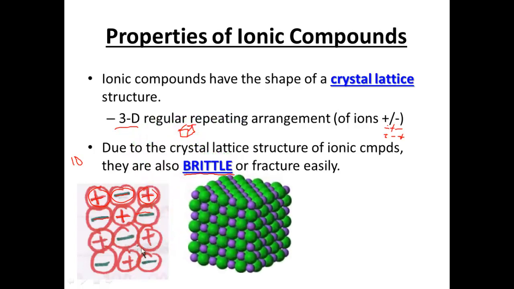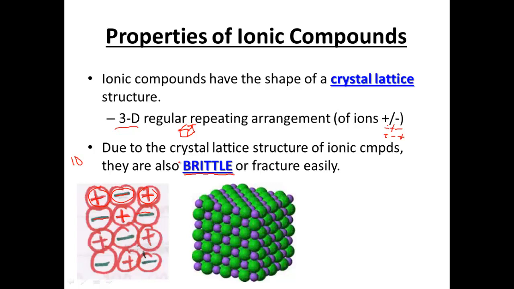Three-dimensionally, this is what sodium chloride looks like, with sodium being the blue and chlorine being the green, where they would repeat. Each chlorine is surrounded by sodiums, and each sodium is surrounded by chlorines, positive and negative, positive and negative.